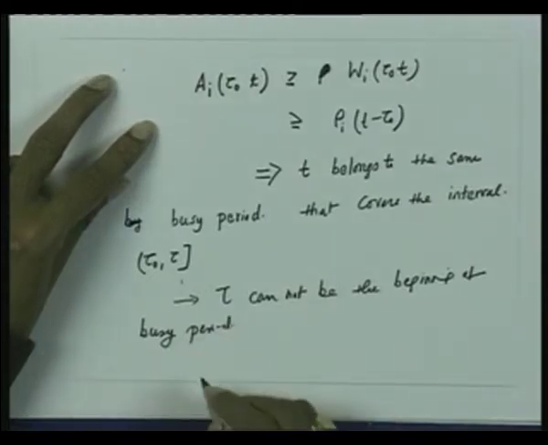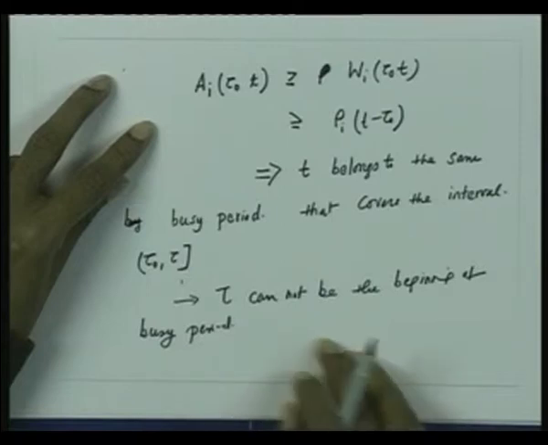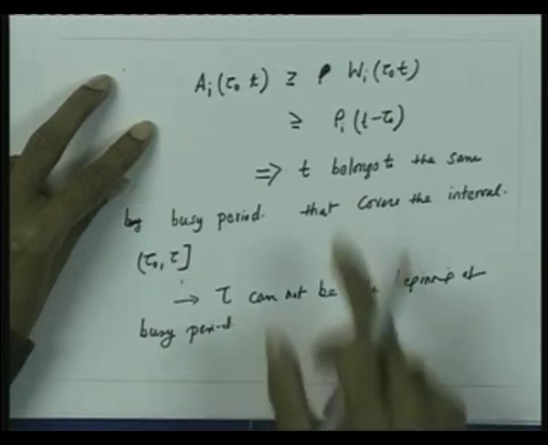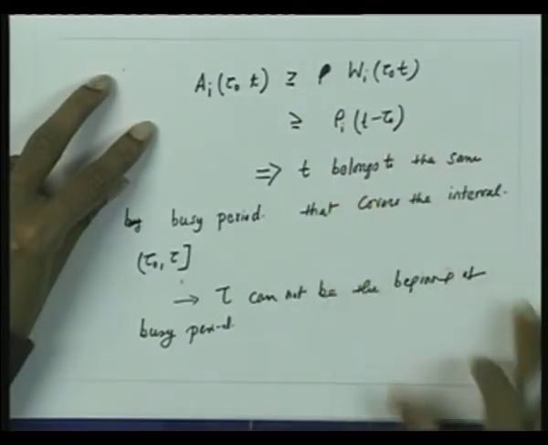Or rather, tau naught cannot be the beginning of the active period. Then tau naught has to be equal to tau.